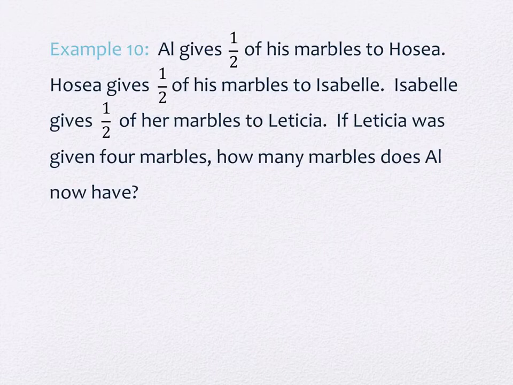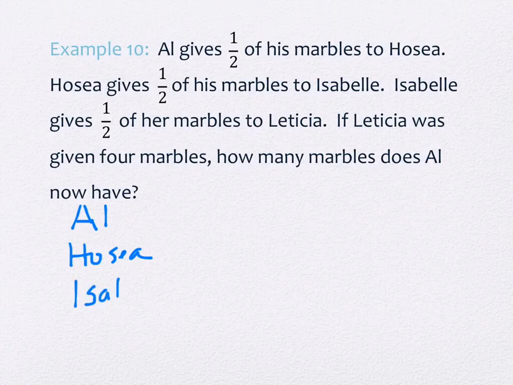Okay. So we started with Al. Our second person is Jose. After Jose, we have Isabel. And after Isabel, we have Letitia.